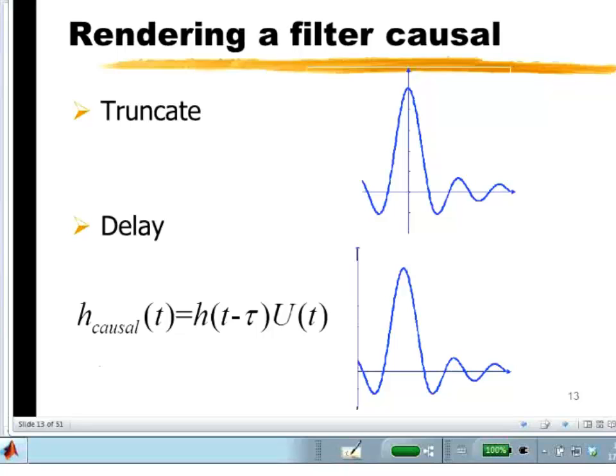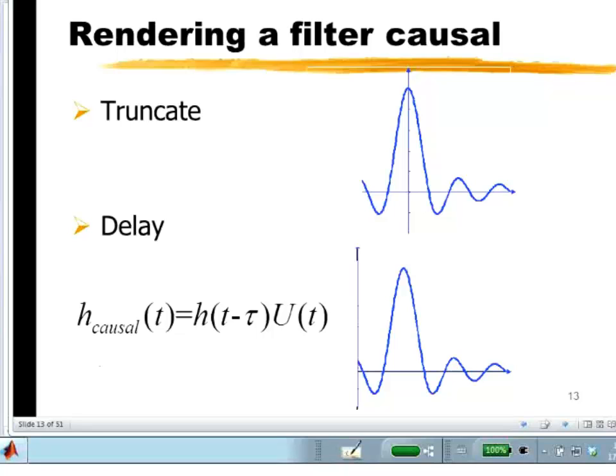So what we can do is to render the ideal low-pass filter causal. In order to render the filter causal so that we can actually build it in the lab, we first truncate the impulse response so that it is no longer infinite. And then we have to introduce a delay. There's a trade-off between how sharp the cutoff is in the low-pass filter in the frequency domain, depending on how much we truncate it.